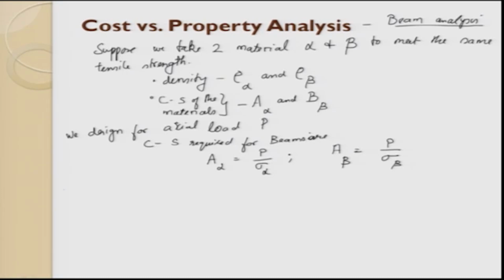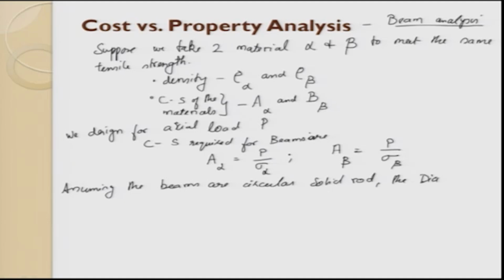Assuming the beams are circular solid rods, because these are very easy to manufacture, then what is the biggest thing which comes? The diameter.